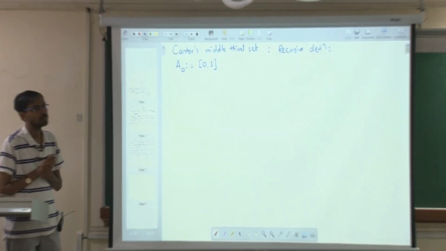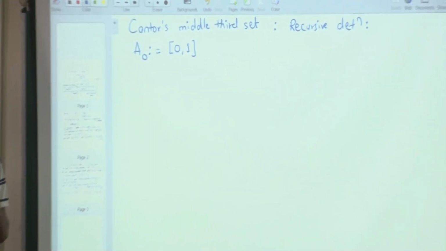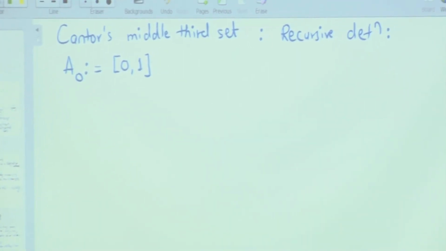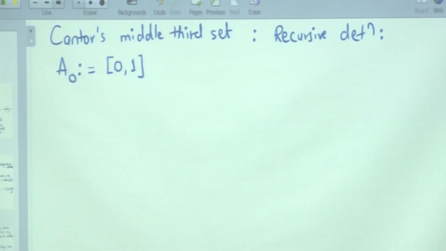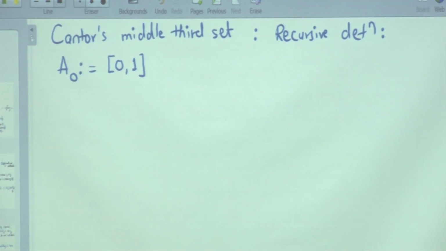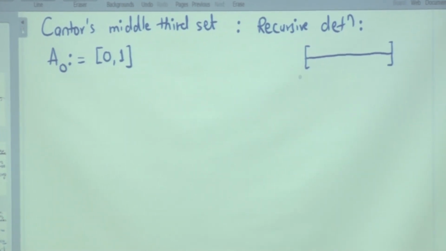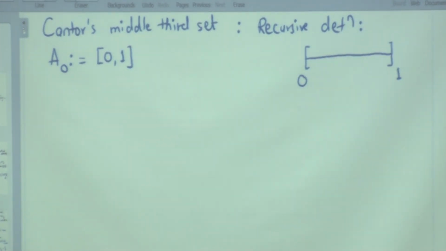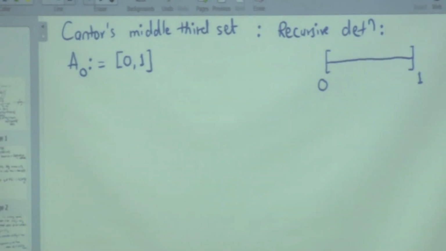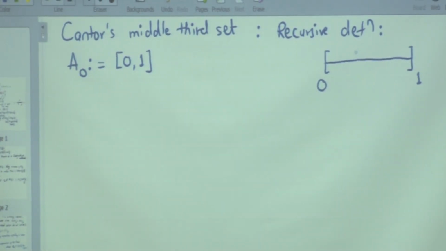My rule is that whenever I see an interval, I will cut out its open middle 1/3 part.